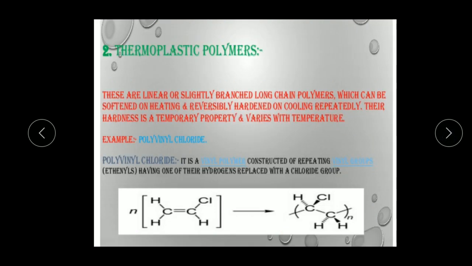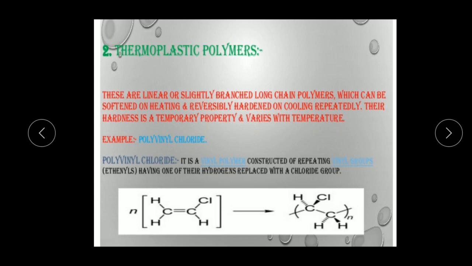Okay, next we move on to the category of polymers based on the forces. First, there are thermoplastic polymers. These are linear or slightly branched long chain polymers which can be softened on heating and reversibly hardened on cooling repeatedly.